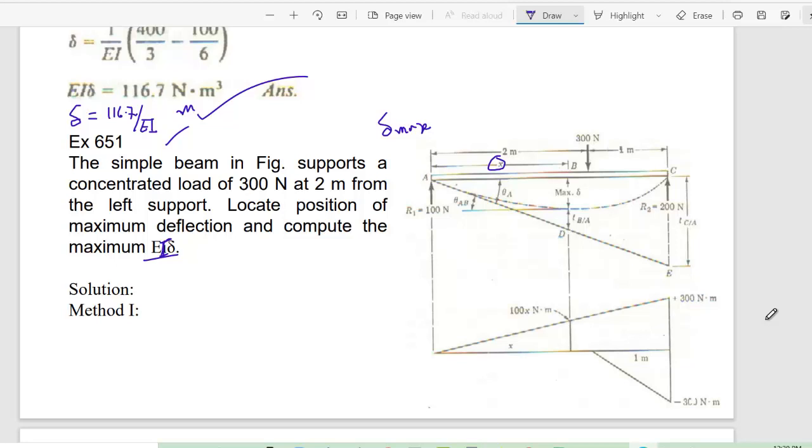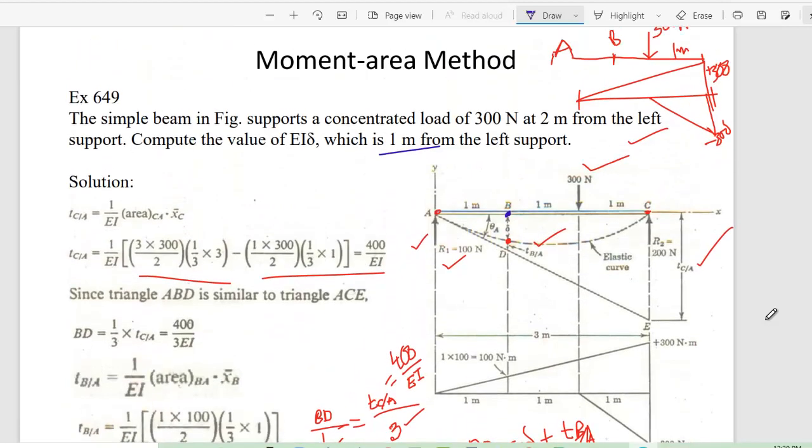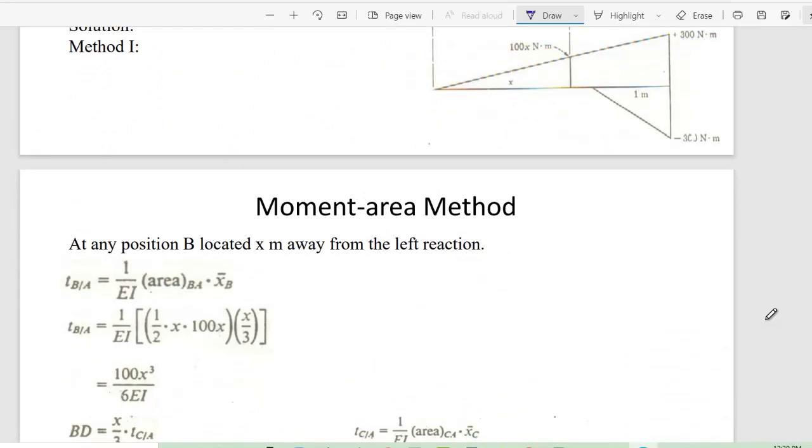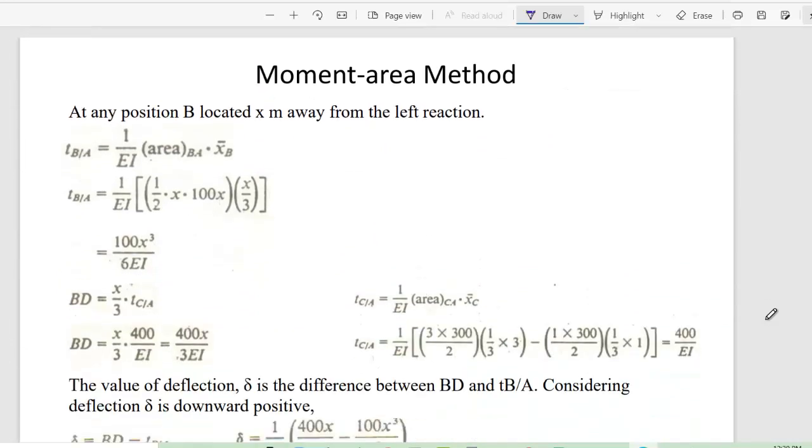Do you understand? Previously the value of x or value of b was defined as 1 meter, but in this problem they do not mention it, so the problem remains the same. So here you can easily calculate the values TB by A, right? In the previous calculation x was 1. Do you remember?